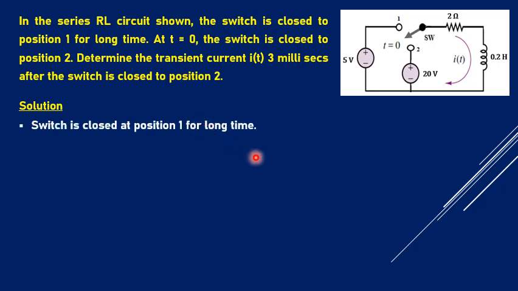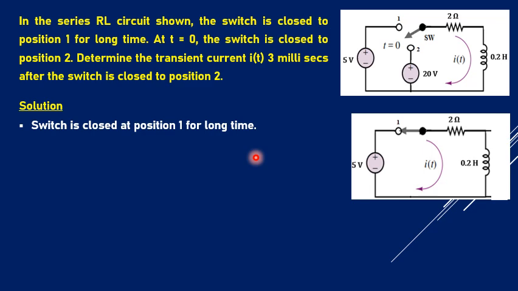So let us assume that the switch is closed at position 1 for a long time. So this source will not deliver any current, hence you can leave it. This is position 1, where this 5 volt source will circulate current through this circuit.